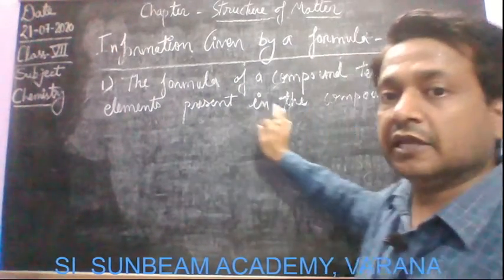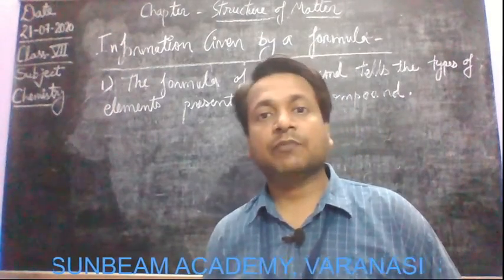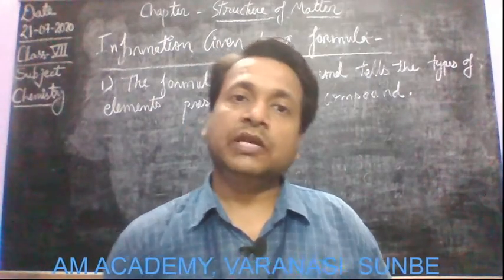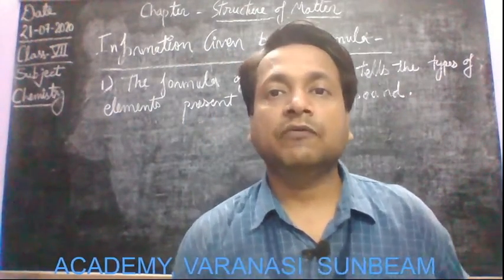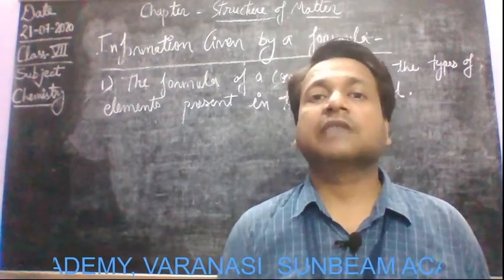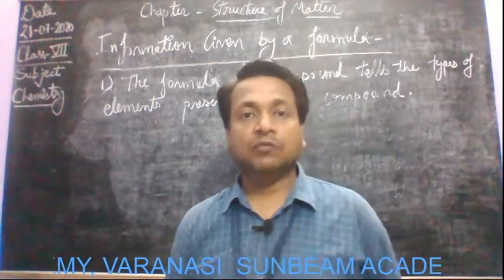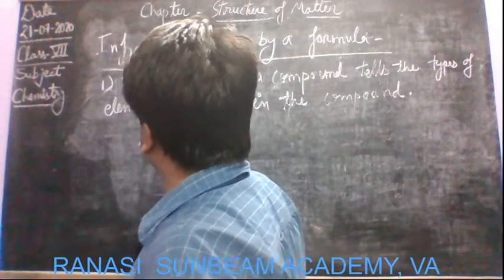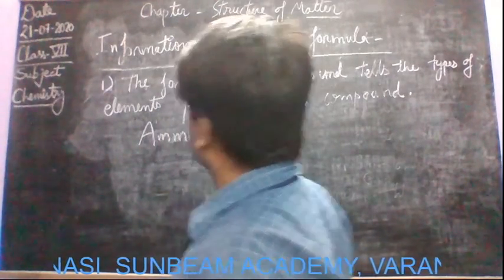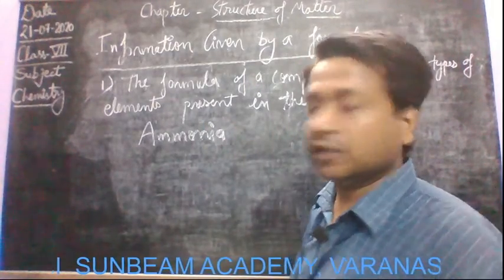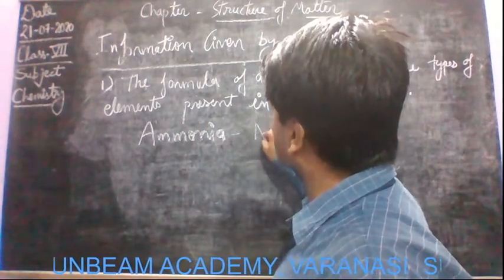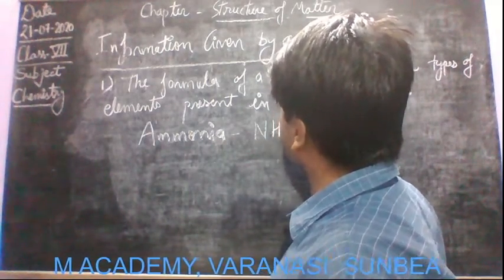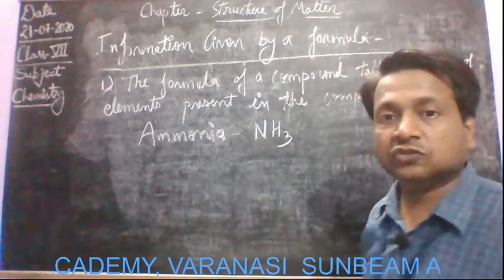elements present in the compound. Which type of elements, or what elements, are present in that compound, we can know with the help of its formula. Just take an example. As we know, the formula of ammonia is NH3.